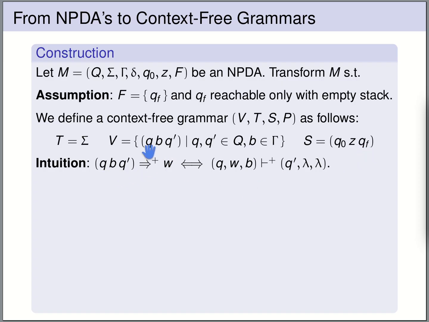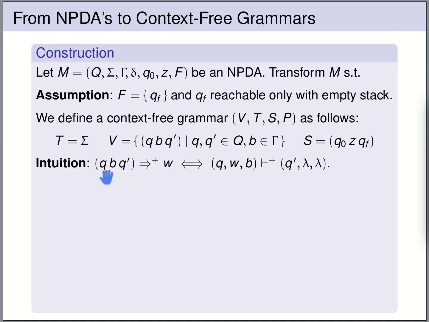Now, what's the intuition about these variables? The intuition is that a variable of the form qbq' allows to derive a word w if and only if in our automaton we have a computation of this form, namely if we start in state q with input w and stack content b, there is a computation to the state q' that consumes all the input w and empties the stack.